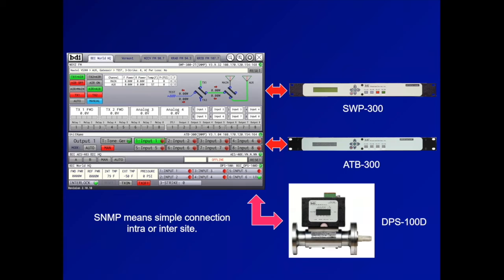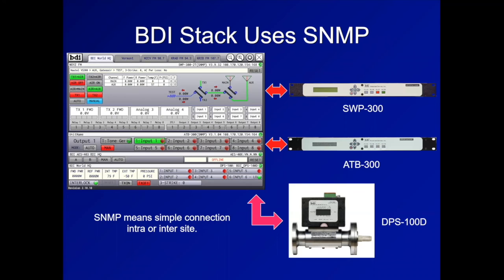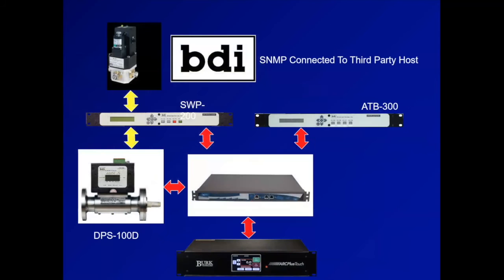Okay. Next slide. You should see a motorized switch. This is just showing all the interconnection that you can do. You'll notice that there's our competition's remote control there, the Burkhart Touch Plus. Our stuff works with their remote control just fine.